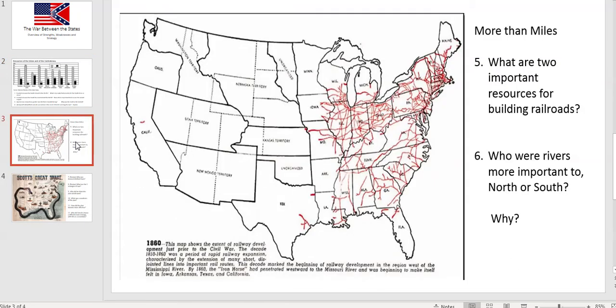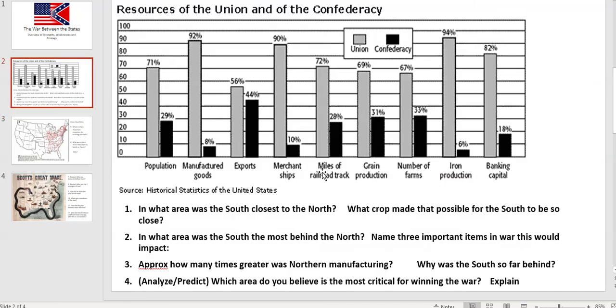Right, next slide. This is a map of railroads in the United States, and it's titled "More Than Miles." So it's not merely that there's more railroad, but it has to do with what that represents. So what are two important resources for building railroads? Let's go back to the last slide. One of them is iron, and one of them is money, because you can't charge for riding a railroad until the line is completed.